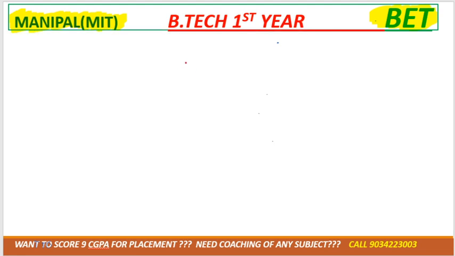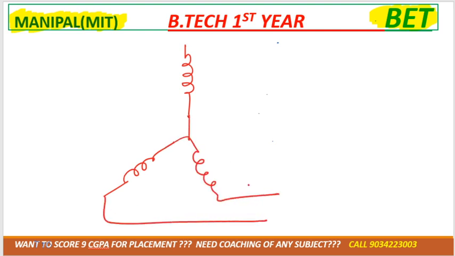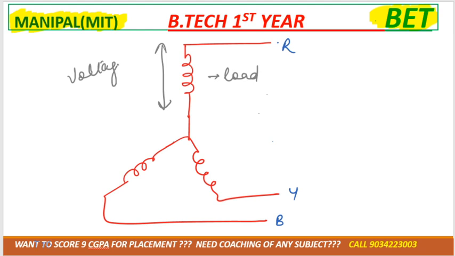If I draw the diagram of the star connection, the star connection diagram is like this. Yes or no? This is R, this is Y, this is B. So basically this is the load, correct? And they are asking the voltage across the load, correct?